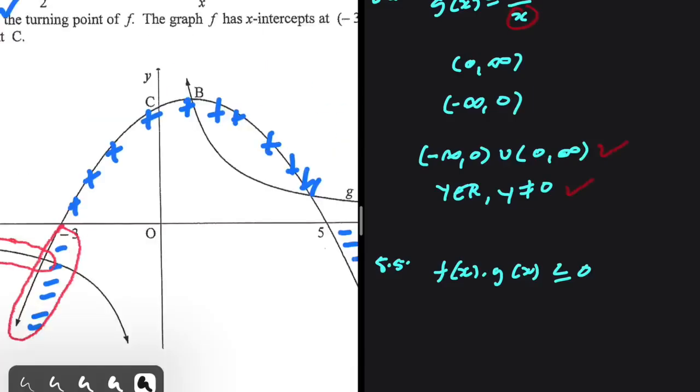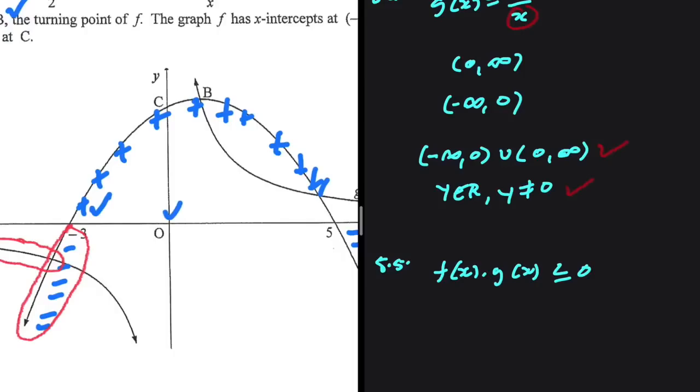Let's look at minus 3 to x equal to 0. From minus 3 to x equal to 0, f of x is positive and g of x is negative. So minus 3 to 0 is part of our solution. We can include minus 3 because both f of x and g of x are defined, but we exclude 0 because g of x is not defined at 0. So that is part of our solution.